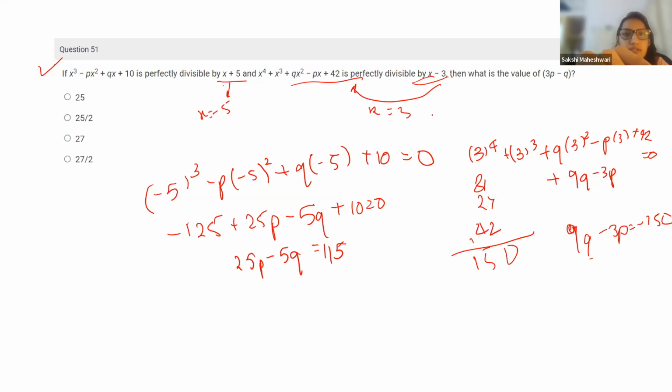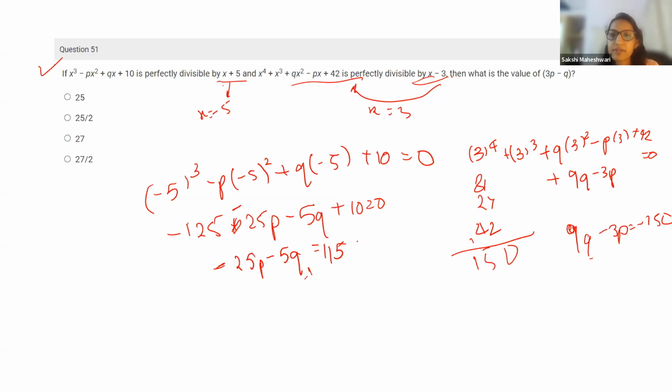Is it okay? Ma'am, will it be minus 25? I did a calculation mistake. Minus 25p. Oh, yeah, sorry. This is minus 25. So this is correct, right?